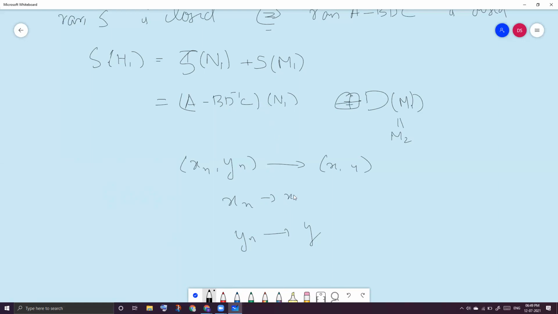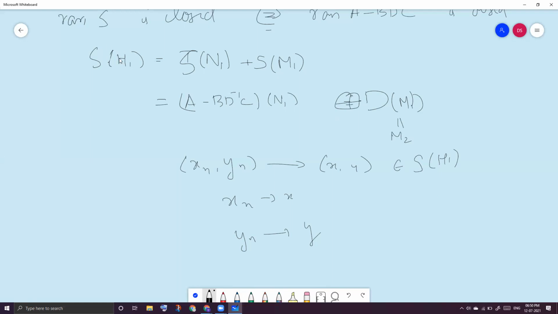That will mean that x is in this. So what we will have is (x, y) is also contained in this direct sum, which is S of H1. So if this is closed, then this one is closed.